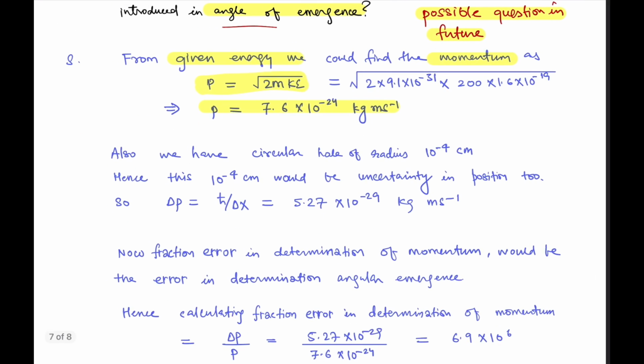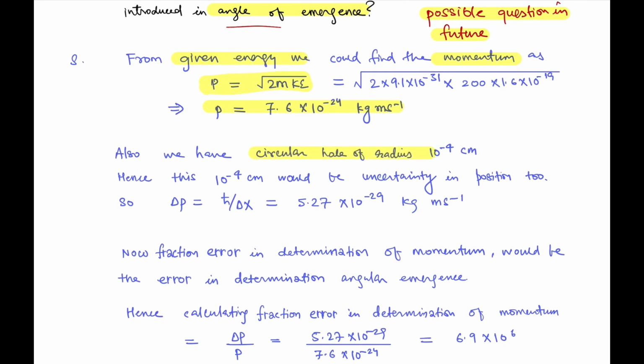second. Also, we have a circular hole of radius 10 to the power minus 4 centimeter. So this would be the uncertainty in position. We know our concept that the uncertainty is either around the radius or the diameter, and they are so small that they don't create much difference.